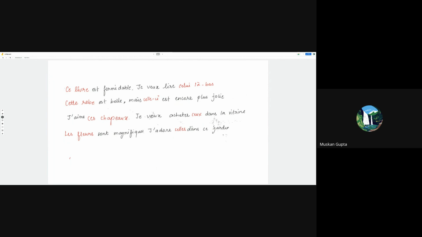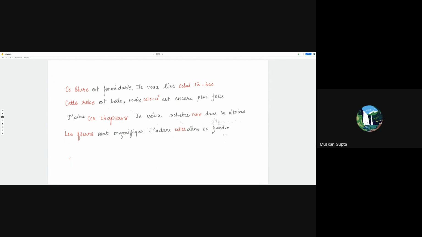This dress is beautiful, but the one here is prettier. You see the difference: I'm pointing to two things. First I referred to this dress, now I don't need to say "this dress there." I can simply say the one here is prettier.